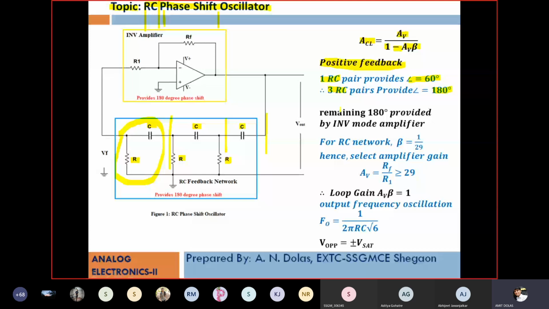VF is given as an input to the inverting terminal of the amplifier, and we know that in inverting mode, if input is positive, output will be negative, so it shows 180 degree out of phase. In the reverse case, if input is negative, output of the amplifier will be positive. That's why this inverting amplifier shown in the figure will provide you 180 degree phase shift.